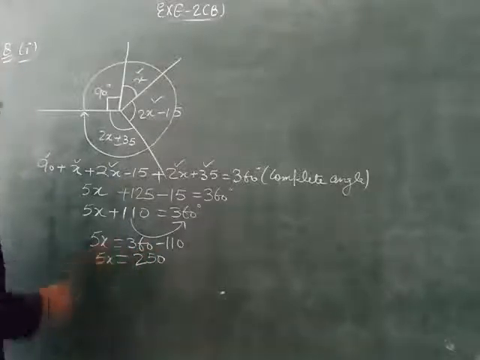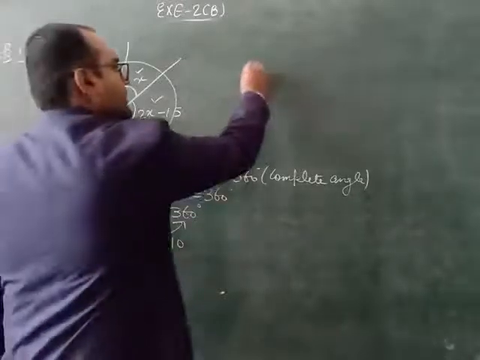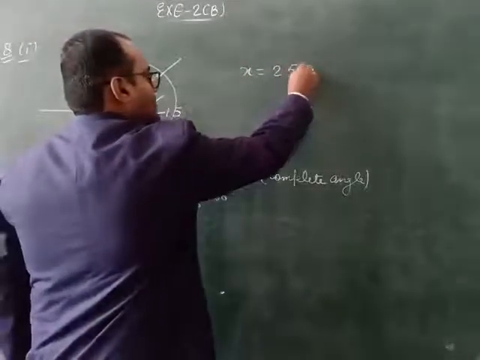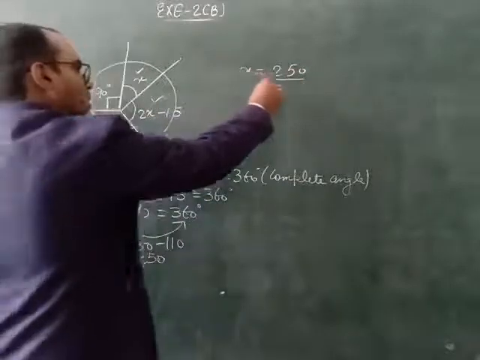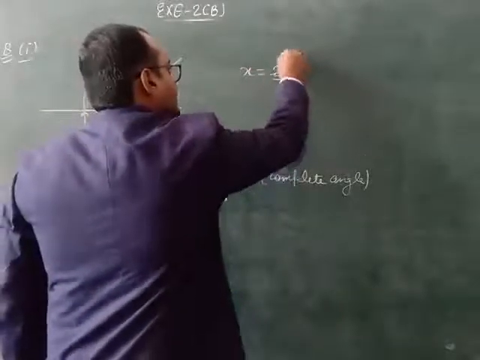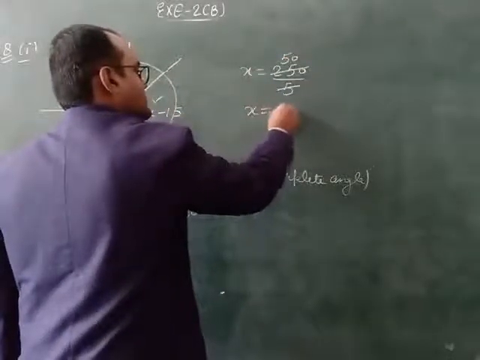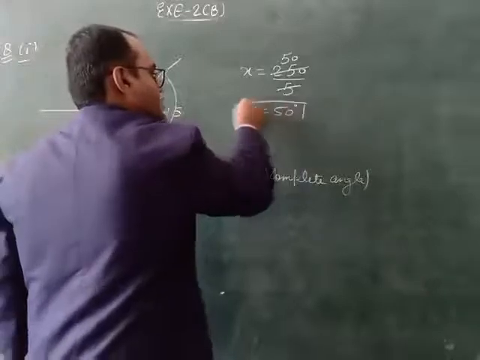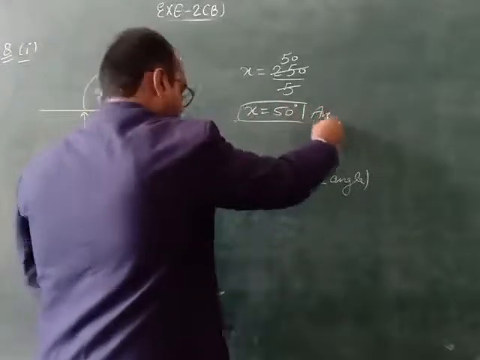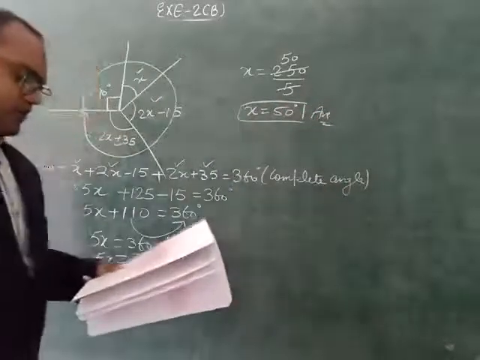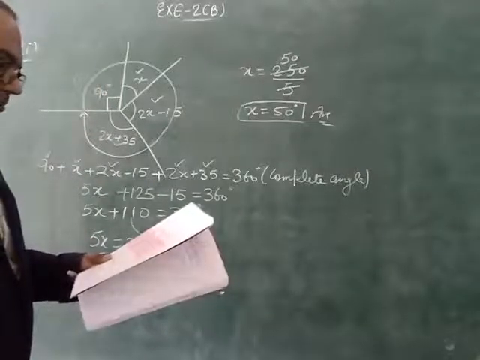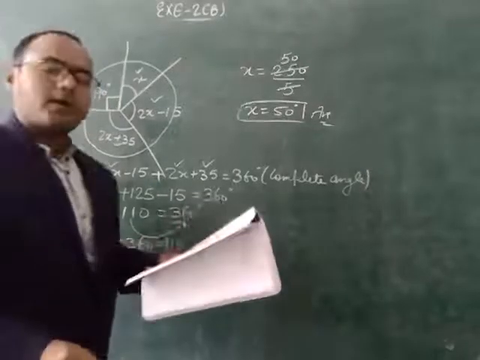So 5x answer is 250. So x answer is 250 upon 5. On cancelling them we will get 50. So x is equal to 50 degree is the answer. So like this you have to do question number 8 first part.